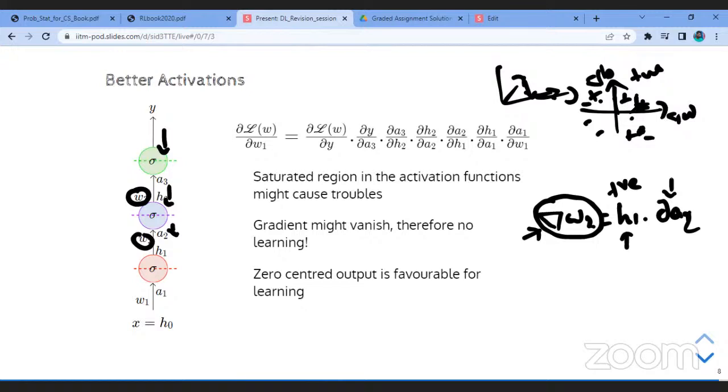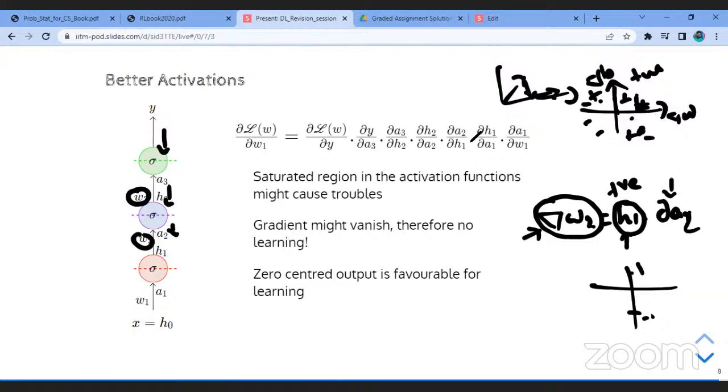The moment I make it zero-centered, my H1 can be either positive or negative, because my tanh now outputs values that are either positive or negative. So these two quadrants are now allowed, and instead of taking a zigzag path, it converges a little bit faster.